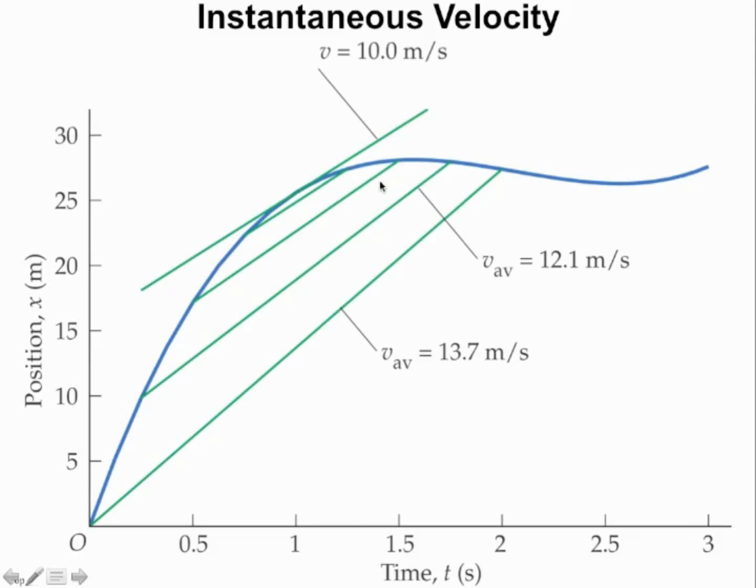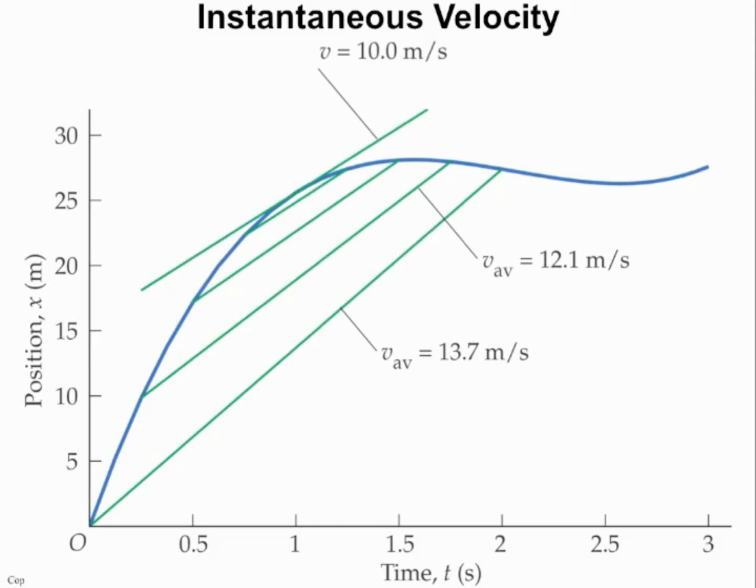Now look at this interval. We've shortened it even more, and it's even closer to 12.1. And then we have a final interval here that's even closer. Notice that as we make the time intervals smaller and smaller, or narrower and narrower, the slopes of these green line segments get closer and closer to the slope of the tangent line.